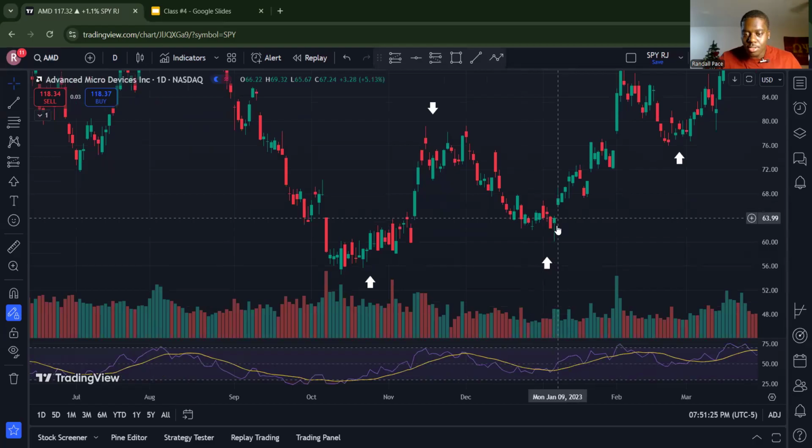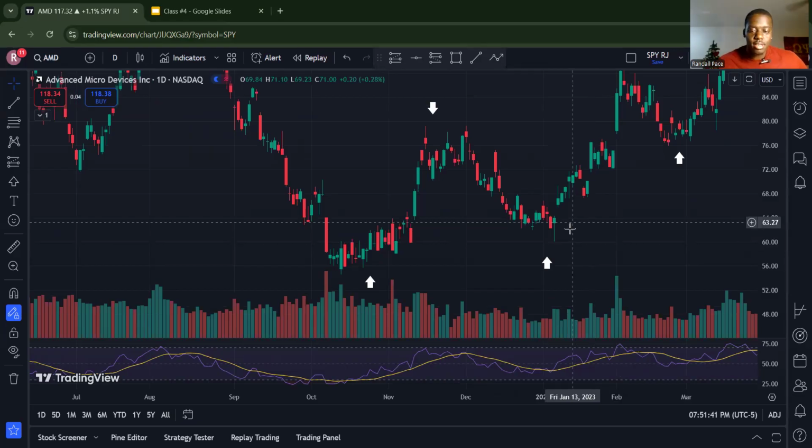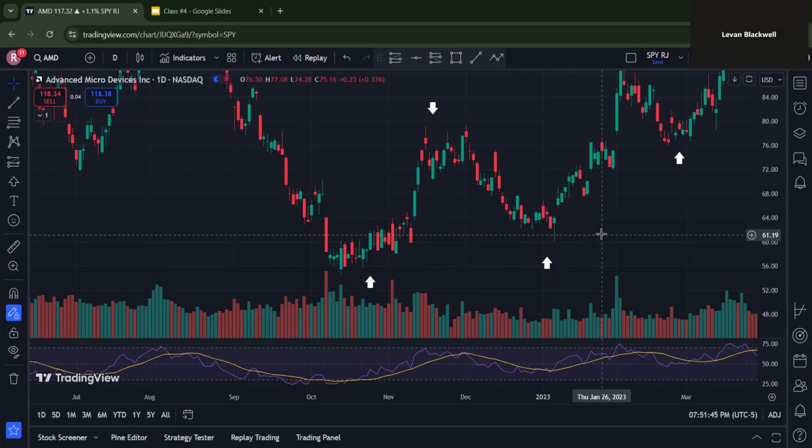What type of candle is this right here, and what does it mean? Pin bar. Yep. Pin bar, bullish hammer, whatever you want to call it. All right. So that indicates what? Reversal. Mm-hmm. It indicates a possible reversal.